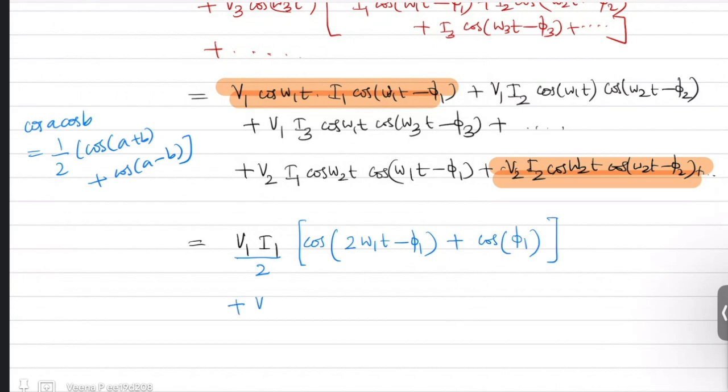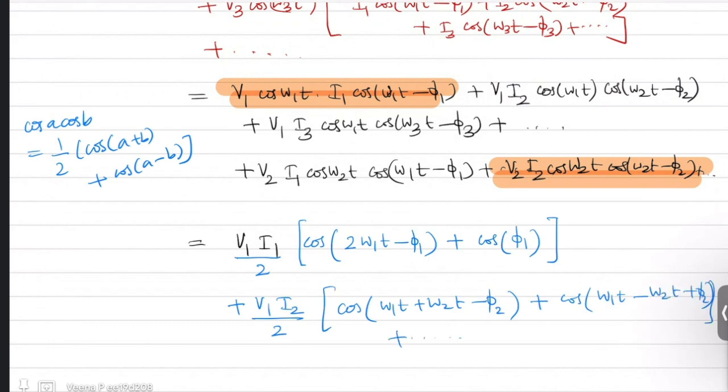The next terms become V1 I2 by 2 cos A plus B, which is omega 1t plus omega 2t minus phi 2, plus cos A minus B, which is omega 1t minus omega 2t plus phi 2, and so on.